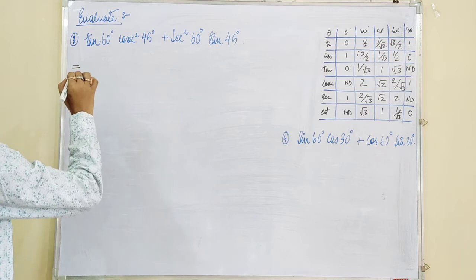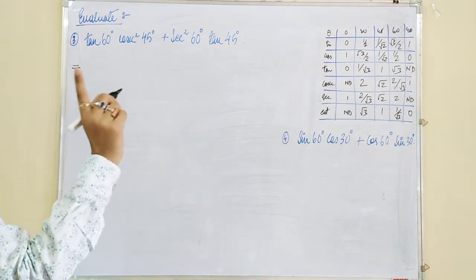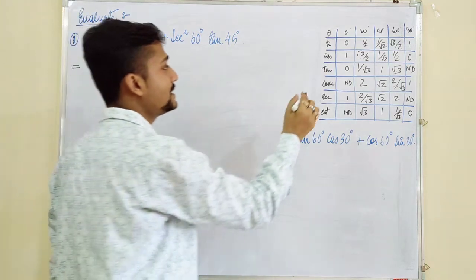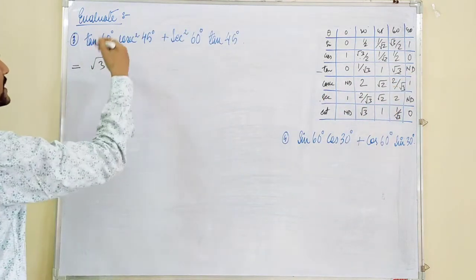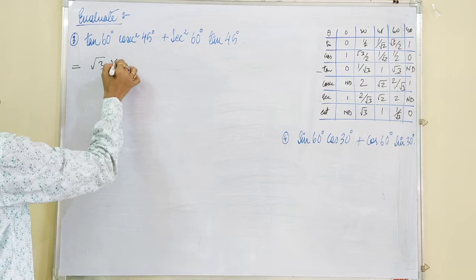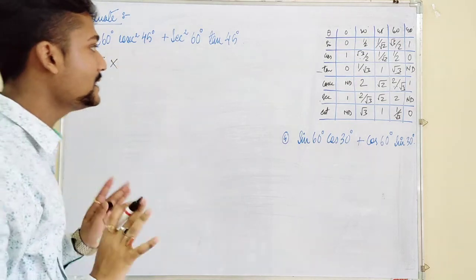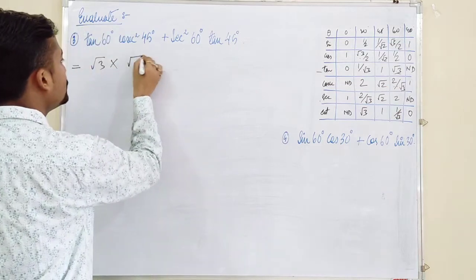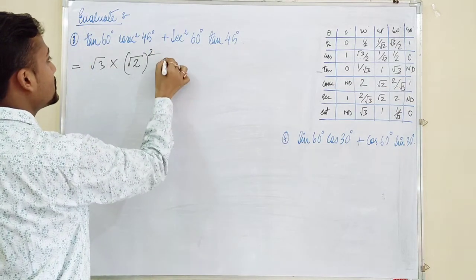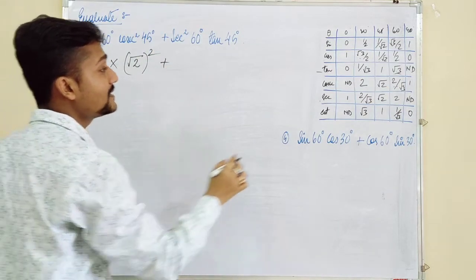So what is there in this particular question? First it is tan 60 degree. So what is tan 60 degree? Tan 60 is equal to root 3, into cosec square 45. Just see cosec 45. What is cosec 45? Cosec 45 is equal to root 2 whole square, plus sec square 60.